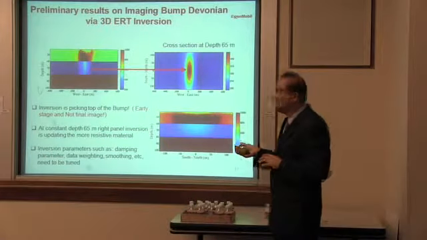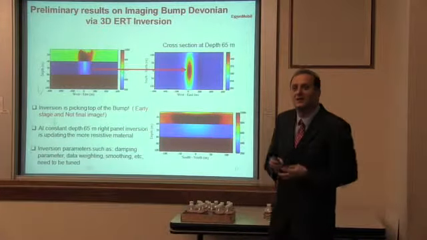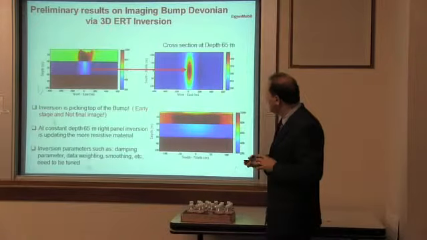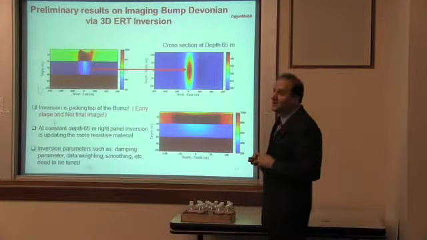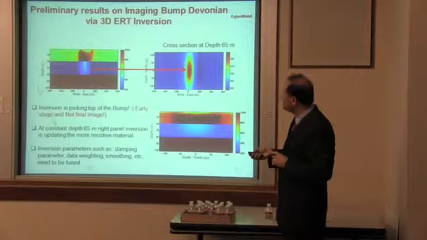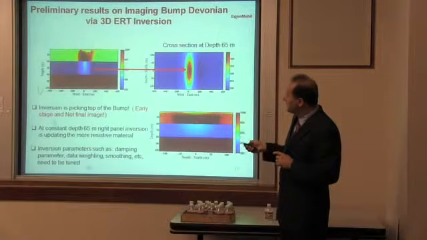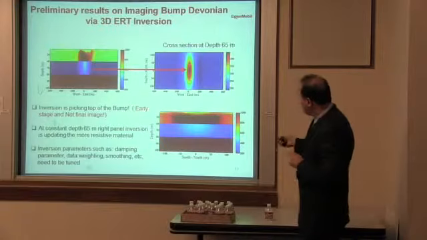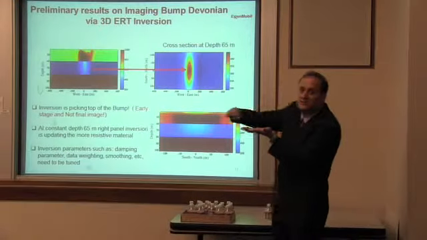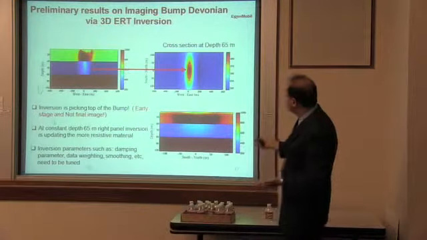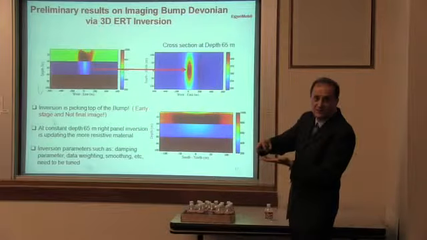This was done on a bump-shaped feature that we had there. I have provided 3 different cross-sections here. This is the west-east, and this is the depth. This is from the surface, so I'm going into a depth of 65 meters below the surface.